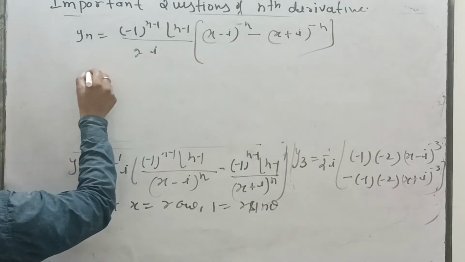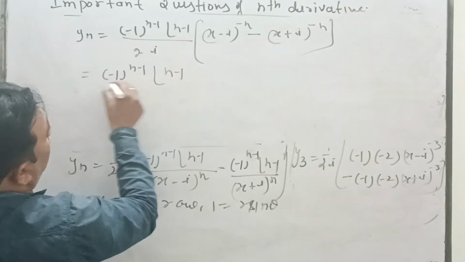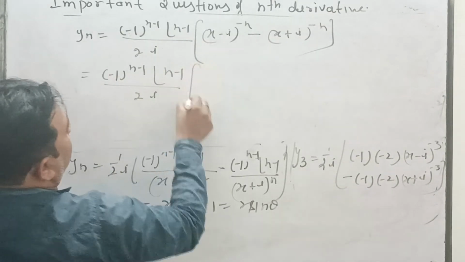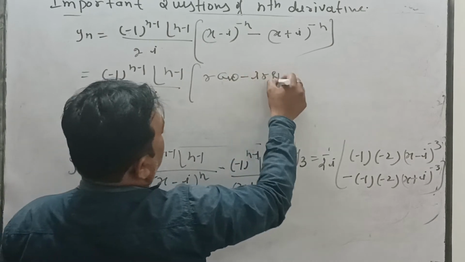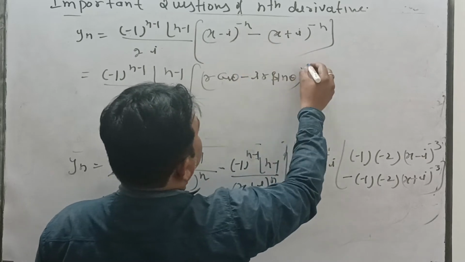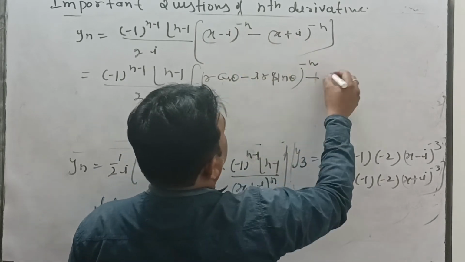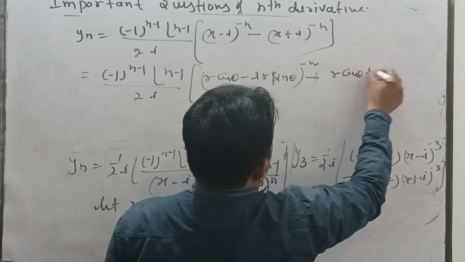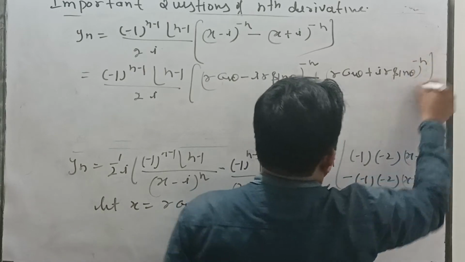Putting the value of x: minus 1 to the power n minus 1, factorial n minus 1, over 2i, times [(r cos theta minus i r sin theta) to the power minus n minus (r cos theta plus i r sin theta) to the power minus n].